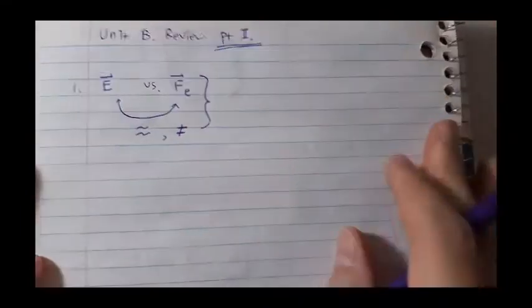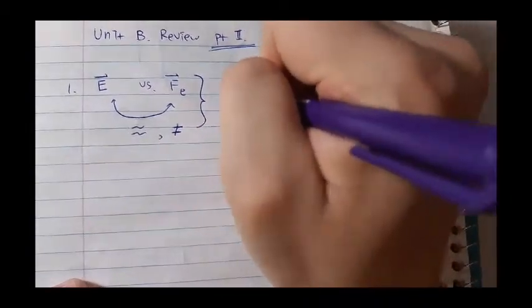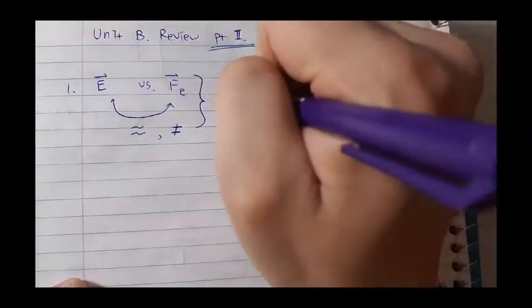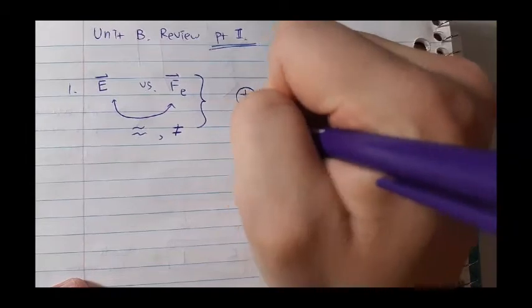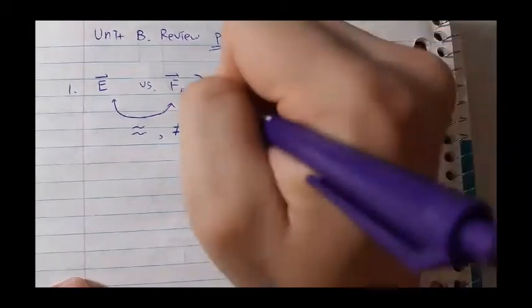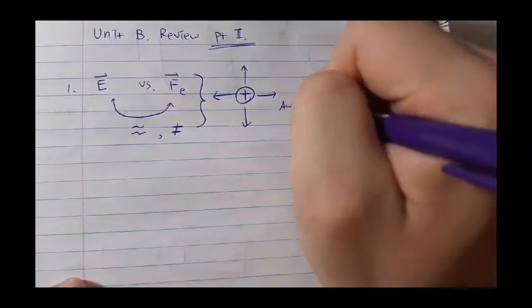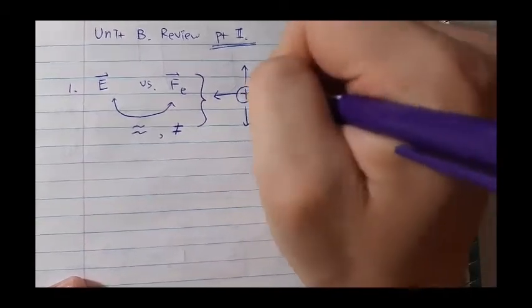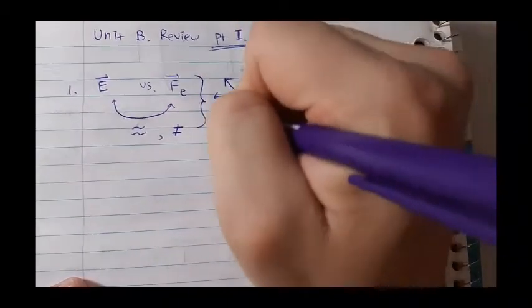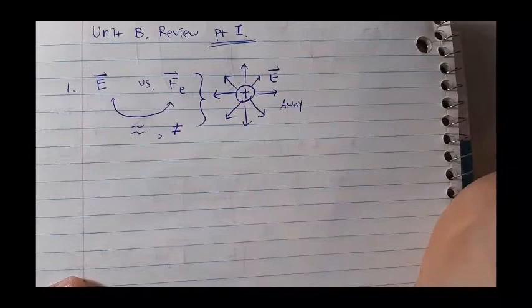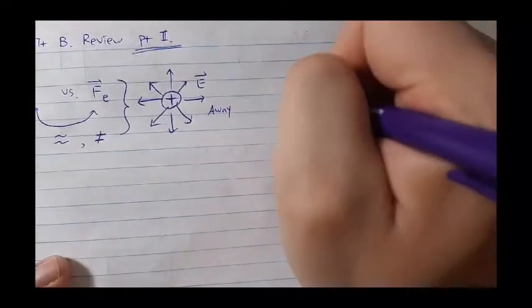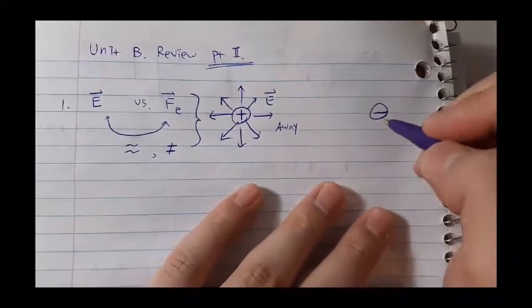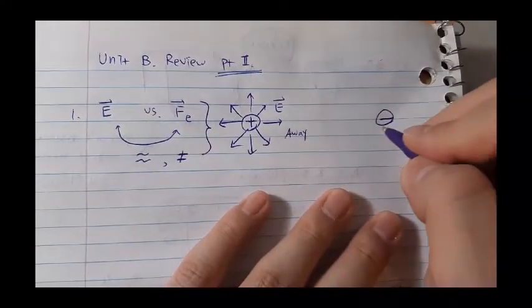When it comes to an easy comparison, for a positive charge, the field is always going away from the source. That is the electric field. When it comes to an electron, it's always going toward.